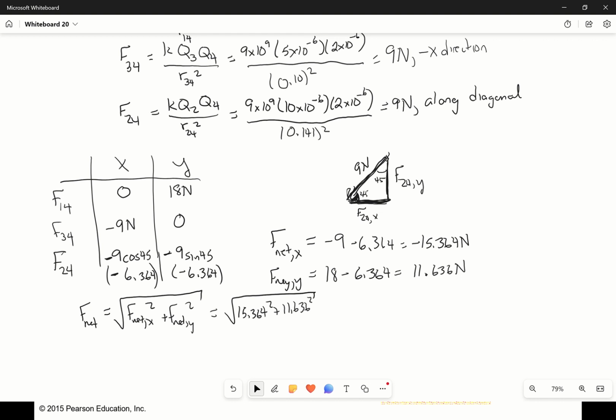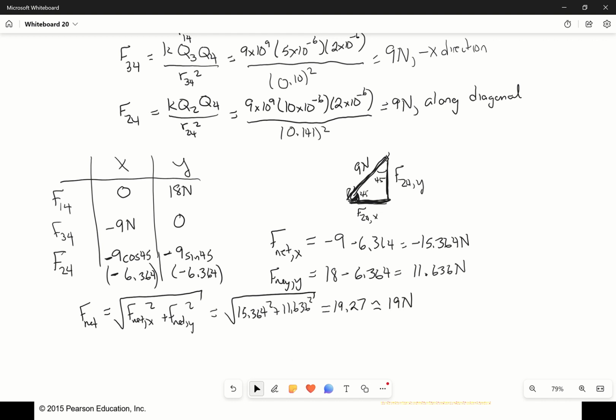And for some of you guys, I know your calculators don't function properly. They don't actually take the square of the negative and make it positive. So it's safer just to drop it. All right, so when I do that, I get 19.27 newtons. And remember, we should always make sure for our final numbers we're consistent with the significant figures. Looks like I've got 2 significant figures maybe on my problem. So let's round that to 19 newtons.